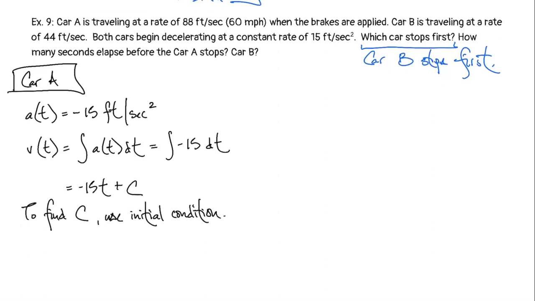Okay, and so the initial condition here is at the beginning of when we started measuring things. How fast was car A going? So if you go back into the problem, how fast was car A going? Yeah, 88 feet per second.